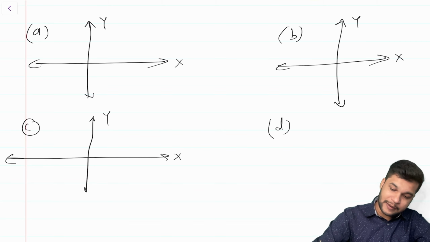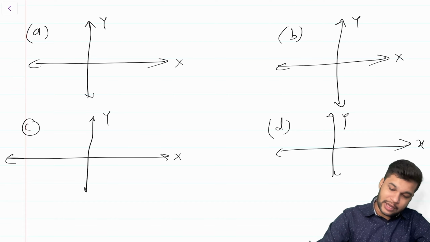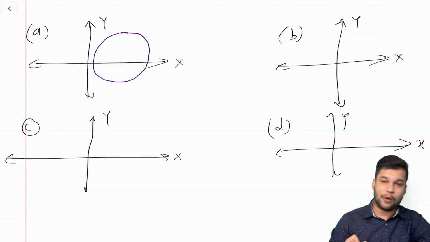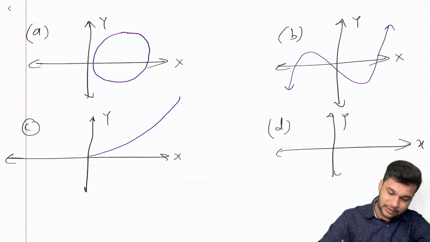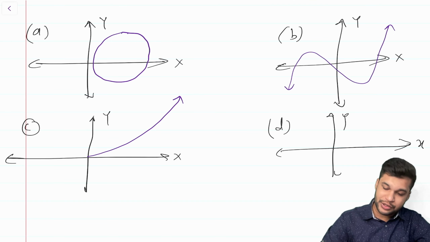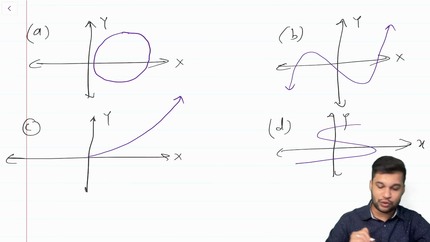Option number D, x. So I have a circle in the first option, a curve in the second option, then I have something like this in the third option, and something like that in the fourth option.